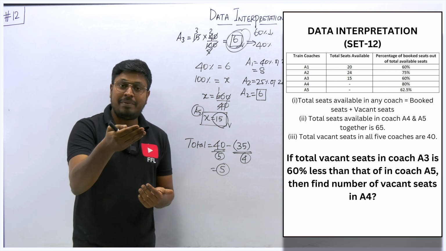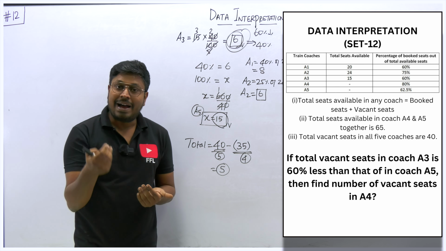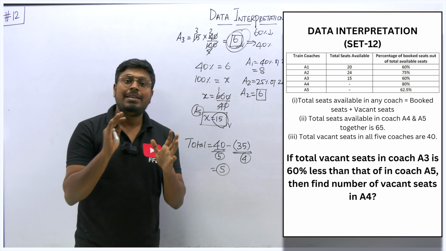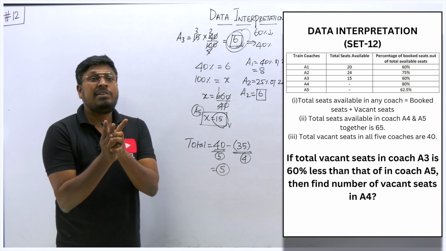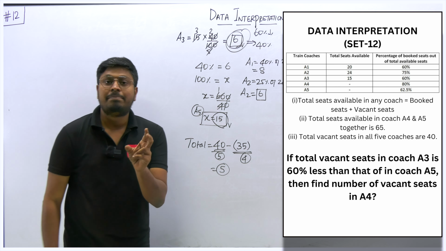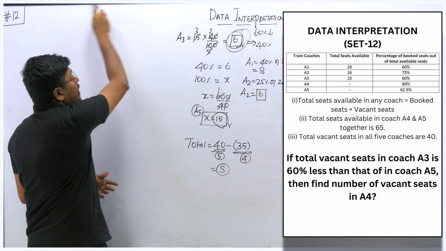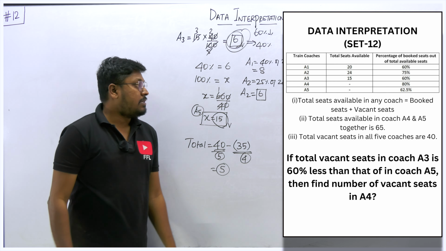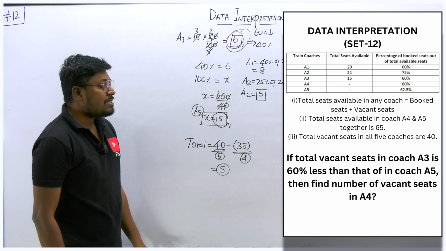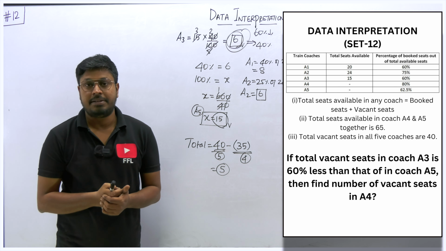So what ratio value they have given, that ratio depends on which value, whether it's vacant or booked. So these things we have to solve very carefully. And in the second question, we need to find what percentage of seats are vacant. So for that I have written one important thing here, that is most important, to not make mistakes, right? So even though the DI is medium level, we have learned more things here.